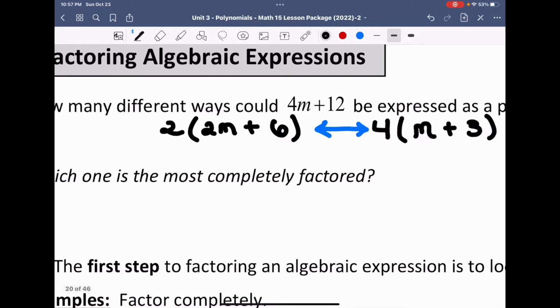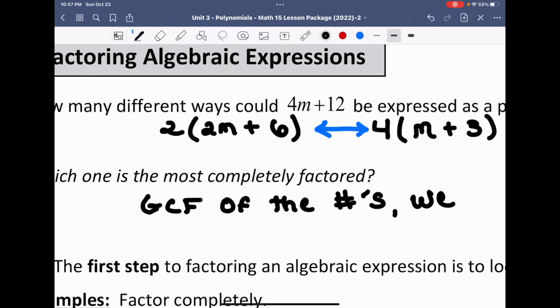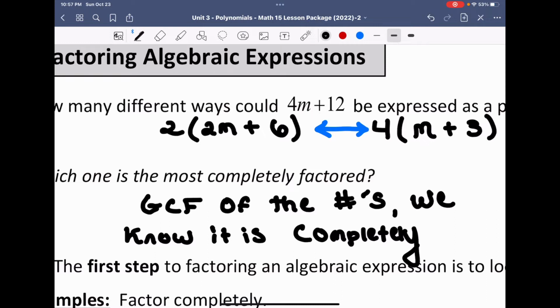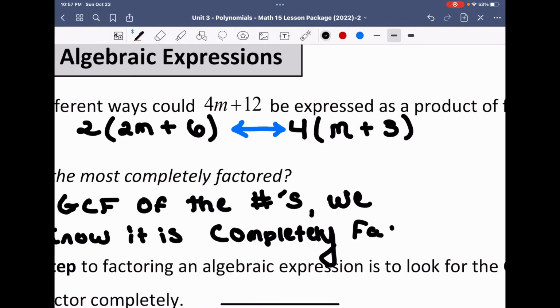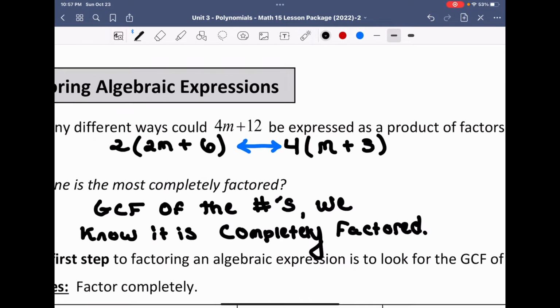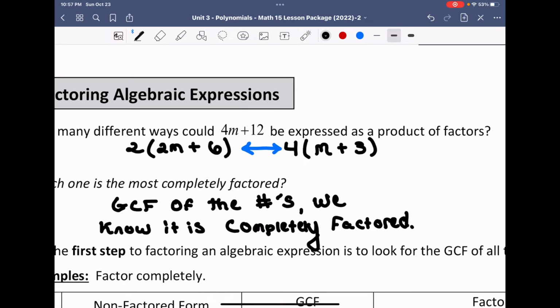So if we remove the GCF of the numbers, we know it is completely factored. So remove out the largest number that's shared between the two of them, or the largest factor, the greatest common factor. This means we know it's completely factored.